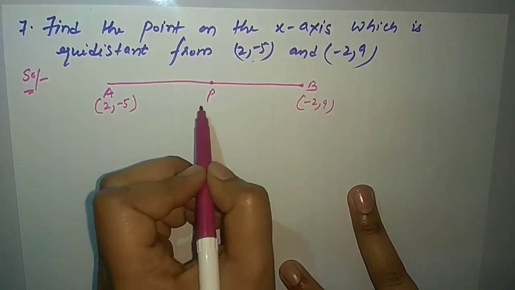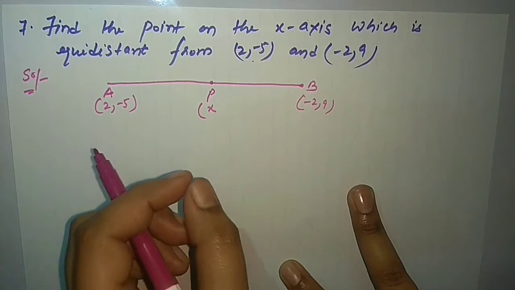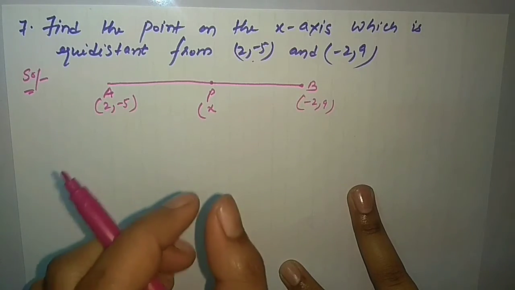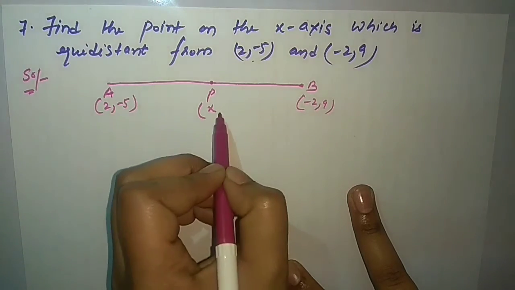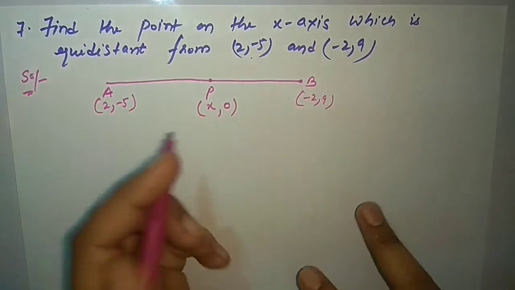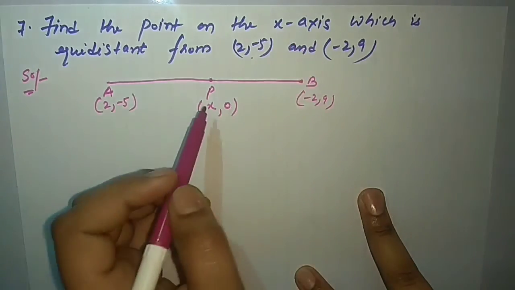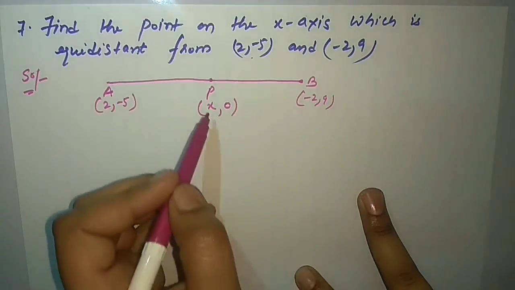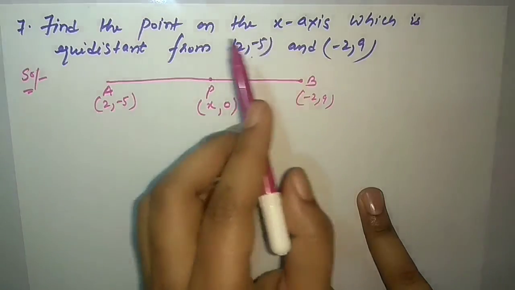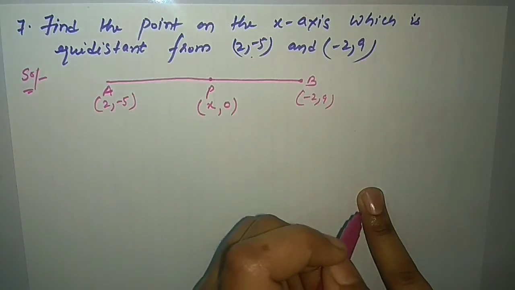It is obvious that if it is on the x-axis, then there is some value of the x coordinate, but the y coordinate is 0. If it was given that the point is on the y-axis, then the coordinates of P would be (0, y). Now it is given that it is on the x-axis, so the coordinates are (x, 0).